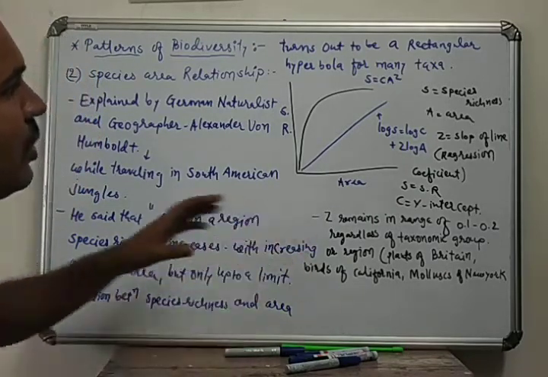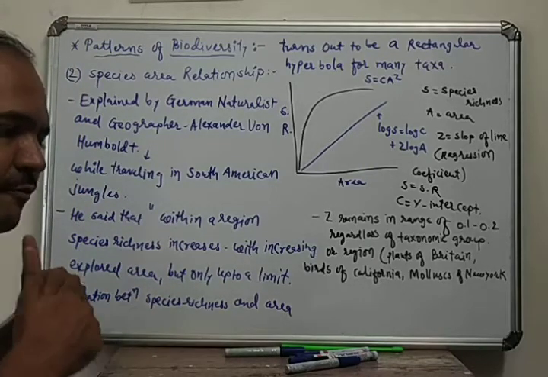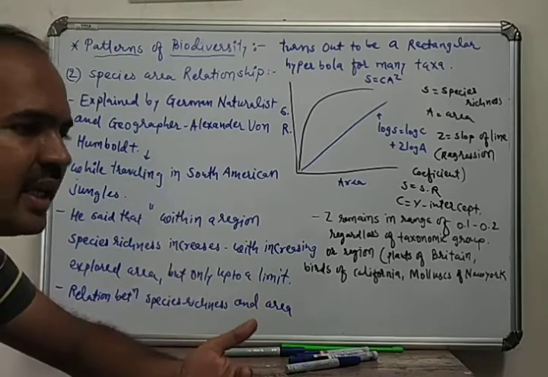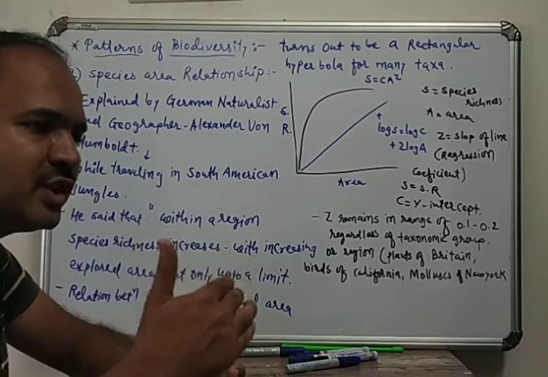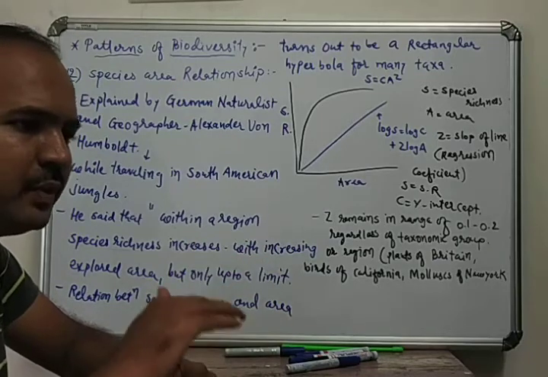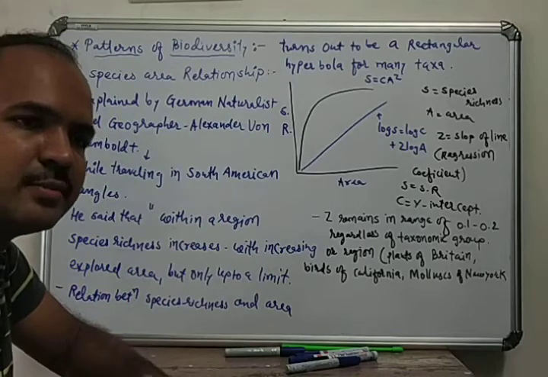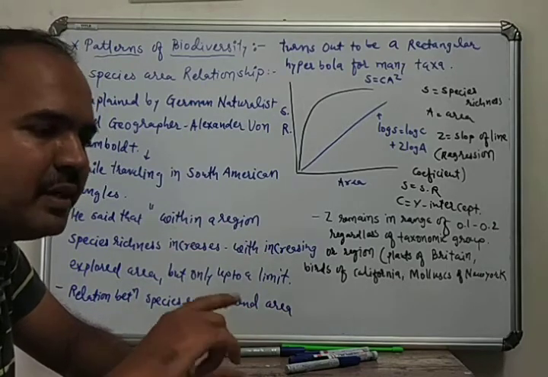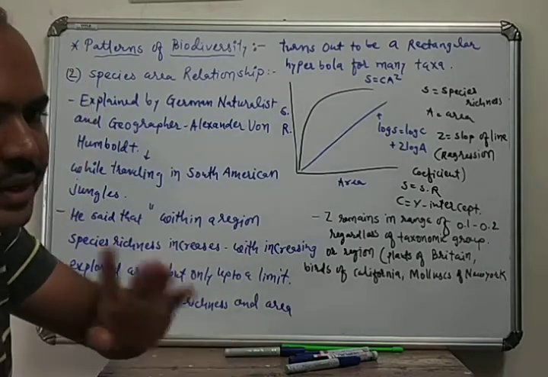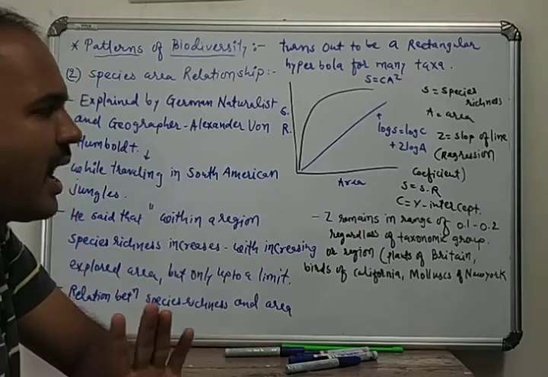Ready? So what did Humboldt say? Humboldt said that within an area, if we increase the explored area, then the species richness increases initially, but after some time, if we increase the explored area further, then the species richness will become stable and the graph will turn into a rectangular hyperbola.